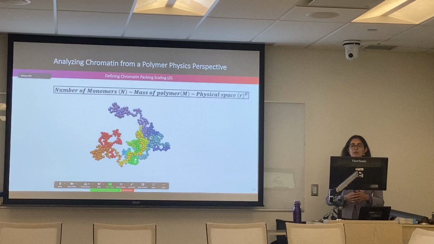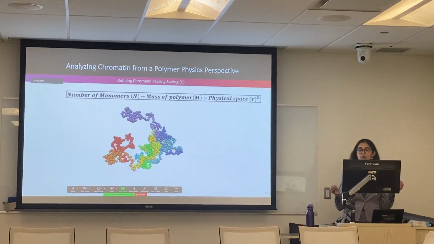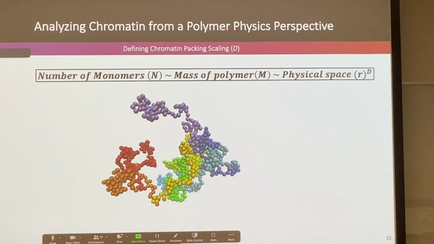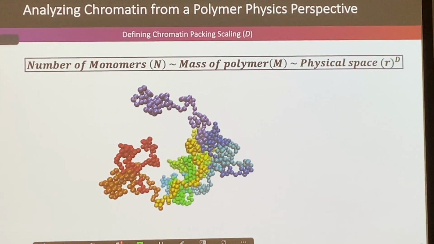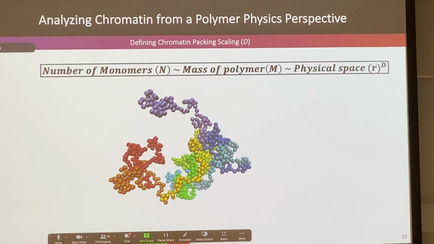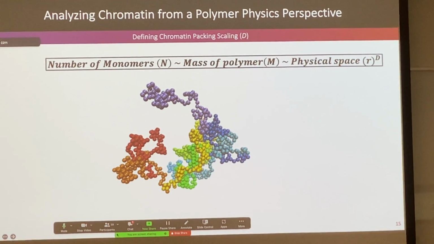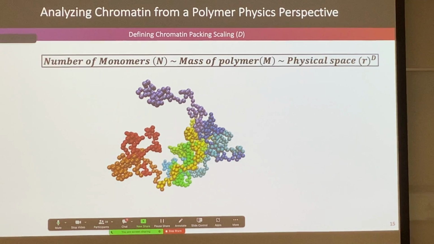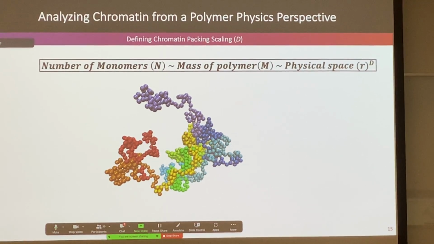And what I mean is that we analyze chromatin from a polymer physics perspective. So given this polymer right here, you can see it's composed of individual monomeric beads. And we can also think of chromatin as a polymer where each of these monomers can be composed of a unit such as a base pair or a nucleosome.